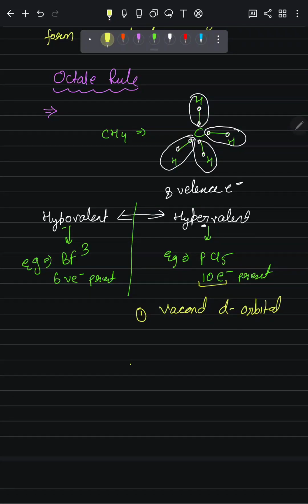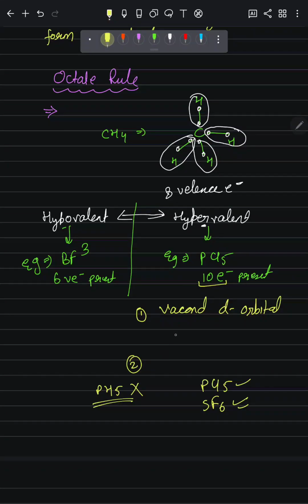The next important condition is the participation of the vacant d orbital, or the side atom should have an electronegative group attached to it. So these are the conditions which need to be fulfilled to be a hypervalent species. For example, PH5 is not a hypervalent species, it does not exist, but PCl5 exists, and SF6 also exists, which is a hypervalent species.